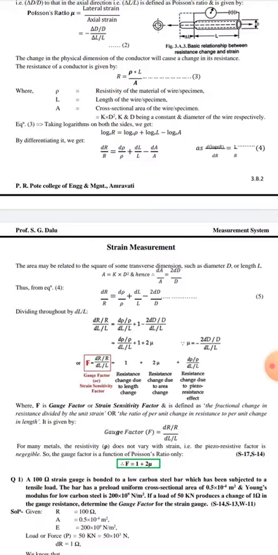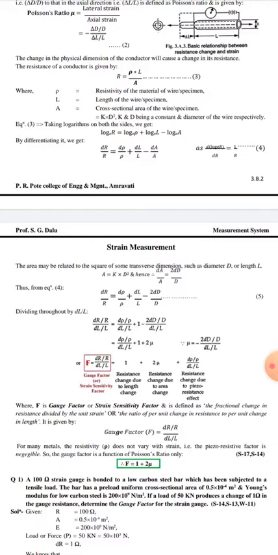So the gauge factor is a function of Poisson's ratio only, and can be derived as F equal to 1 plus 2 times mu. Means whatever the resistance change due to piezo resistance effect will be omitted because the resistivity of the metal will not vary with strain. That's why we get F equal to 1 plus 2 times mu.